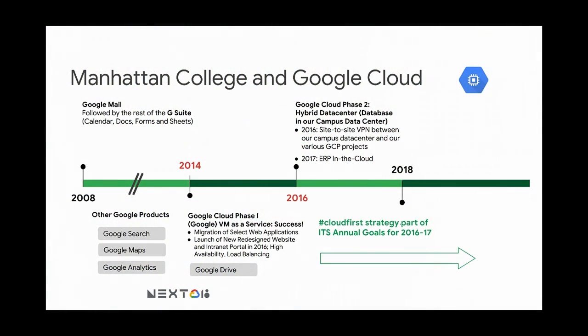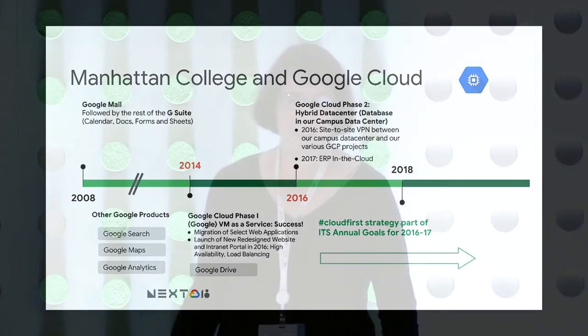So here's sort of a simplified timeline of Manhattan College and its involvement with Google Cloud. And again, I concentrate on the last 10 years because that's when we started using our first software as a service, and that was Gmail. That was pretty revolutionary at the time. We were probably one of the first sets of colleges to introduce that.